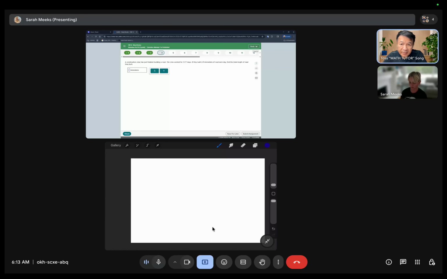Find the total length of the road they built. Obviously, you multiply. Okay, so 2.8. Yeah, you can use the calculator here. Oh, let's see what we got. Great.